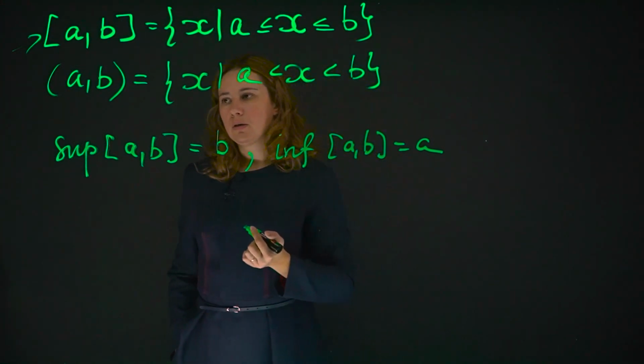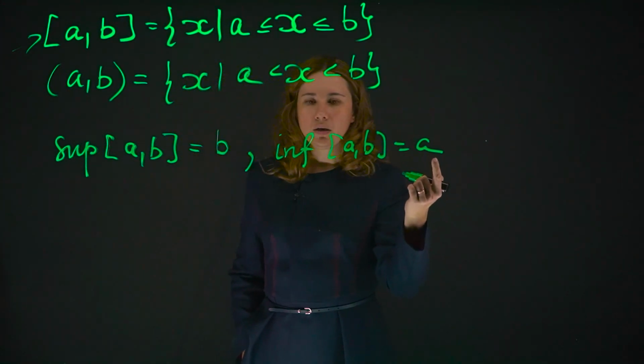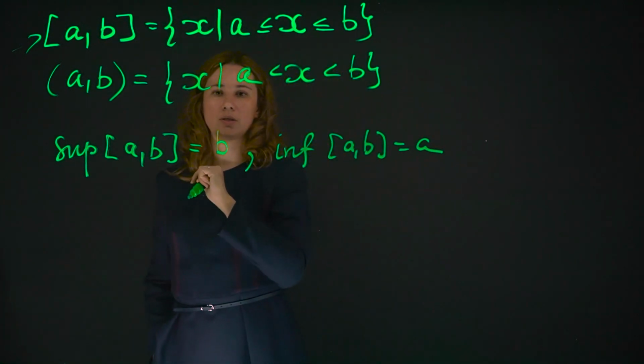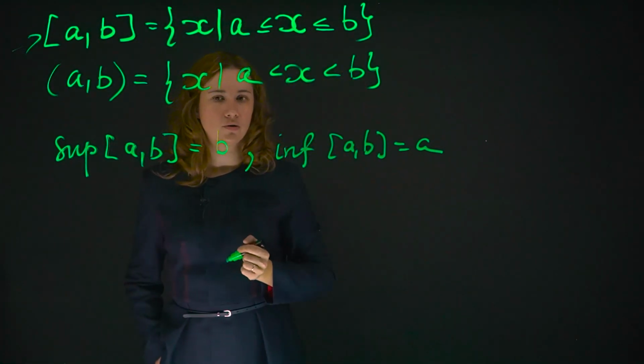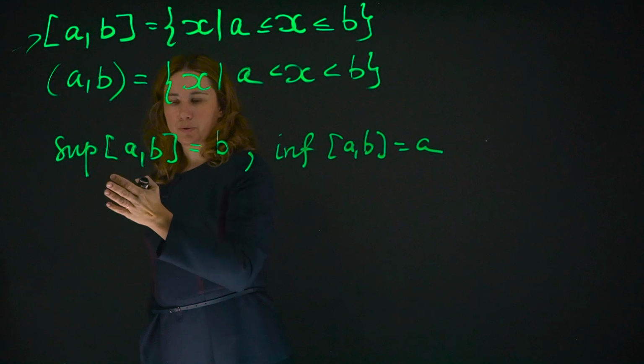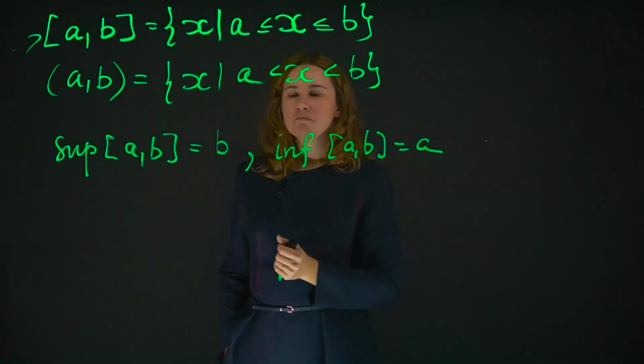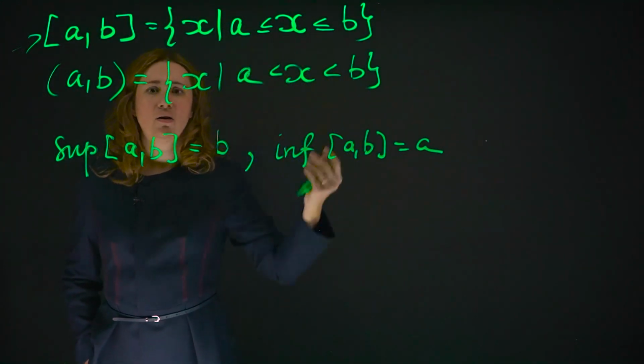We see that A is an element of our set and B is an element of our set. So the supremum and the infimum are in our set.